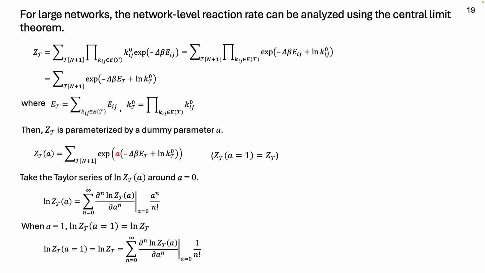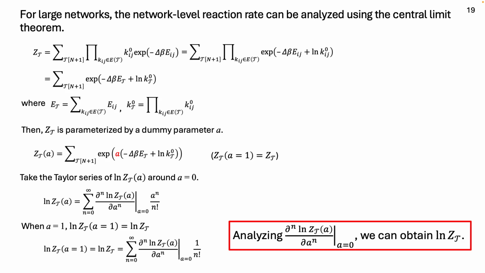And when A equals 1, log ZT becomes the original log ZT. So log ZT can be written like here. So it means if we analyze the partial derivative of log ZT, we can obtain the original log ZT.